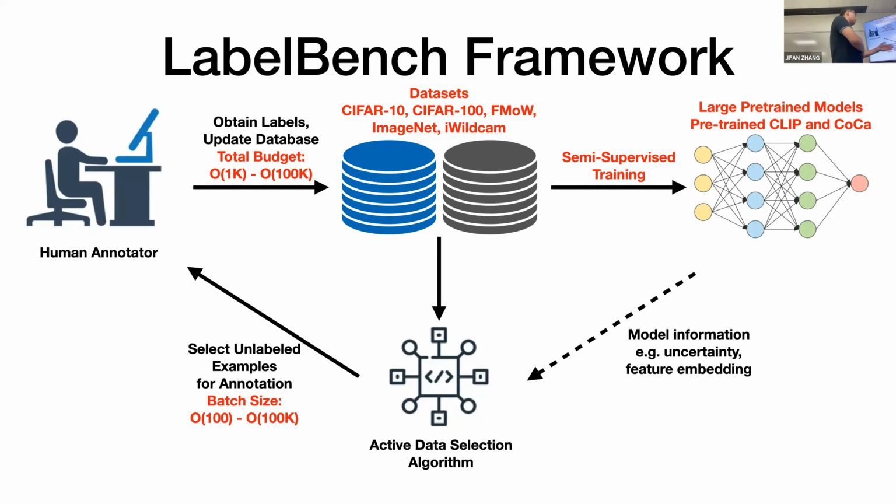We also experiment with a much wider range of batch sizes, meaning every time how many examples my algorithm chooses to annotate. I can annotate 100 of them at the same time or 100K. Usually in the active learning literature it's anywhere from 100 to 1,000. And also the total budget: we can annotate either only 1,000 images in a particular data set, or we can annotate 100K images.